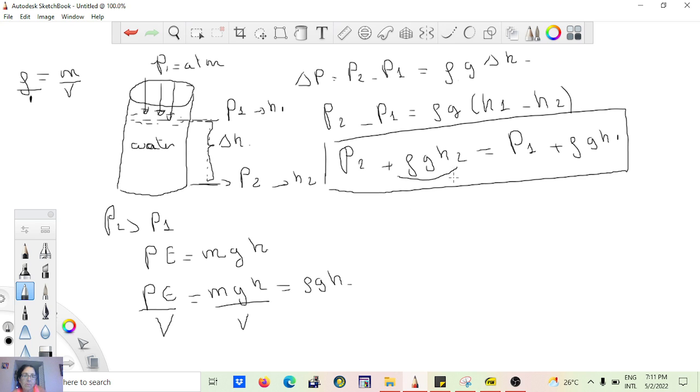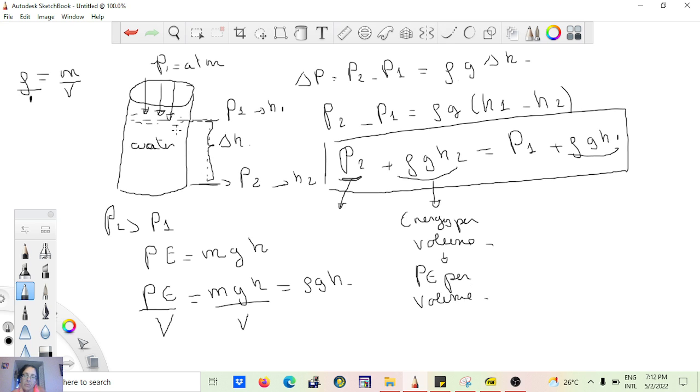So these terms and these terms are actually energy per volume. This is also energy per volume, because you have an equation, so you need to have the same units everywhere. That expression here is actually the potential energy of the water per volume.